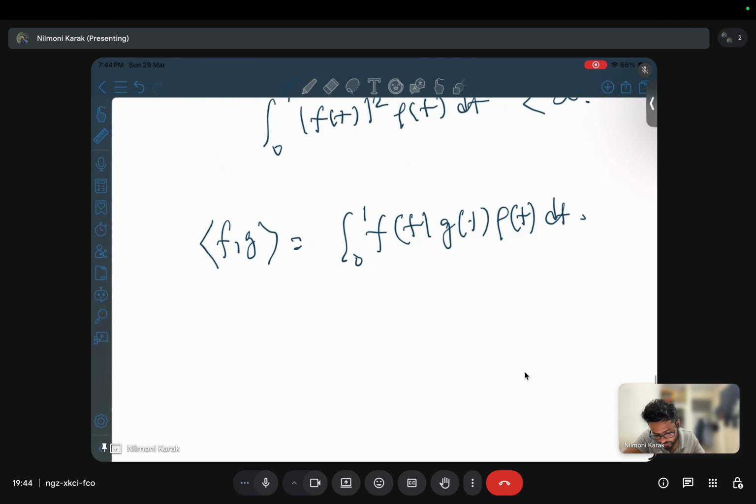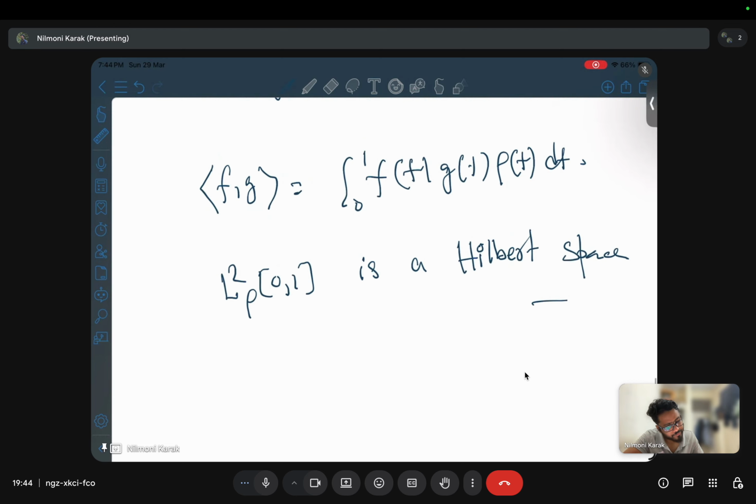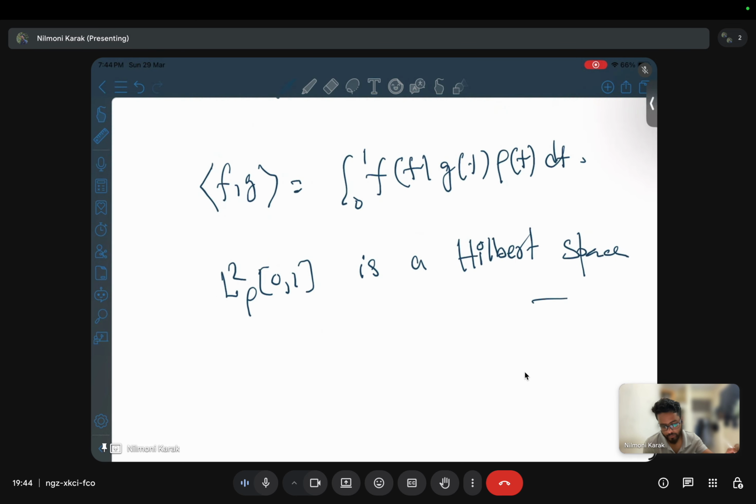Okay, and with this L2 rho 0,1 is a Hilbert space, and the proof is similar to the usual L2 space with some cosmetic changes.